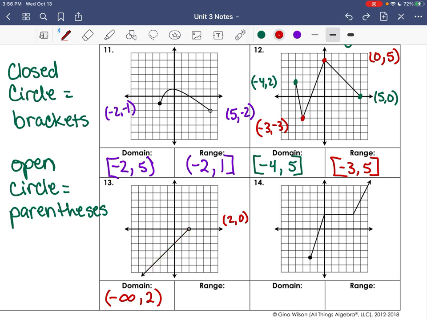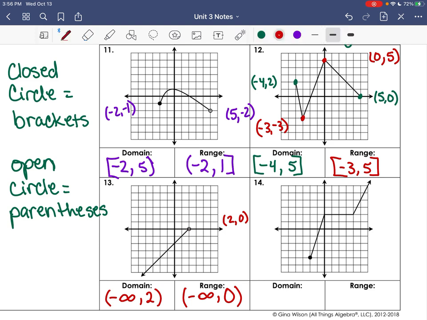Same thing for the range. We're going to go down forever. This is just going to keep going down forever. So negative infinity. And if you think about coming up from negative infinity, you go up to 0, which is also an open circle, so it's not included.